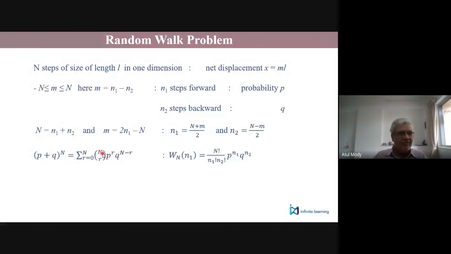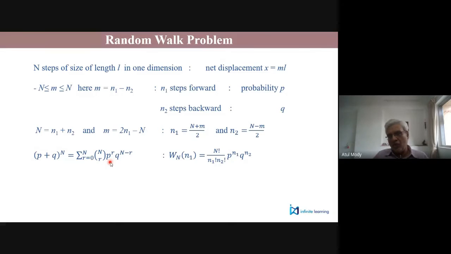So R could be anywhere from 0 to N. P raised to R, Q raised to N minus R. So in this case, suppose if I take R equal to 0, then P raised to 0, Q raised to capital N, which means 0 steps forward, all N steps backward. If I take R equal to 2, then 2 steps forward, N minus 2 steps backward.